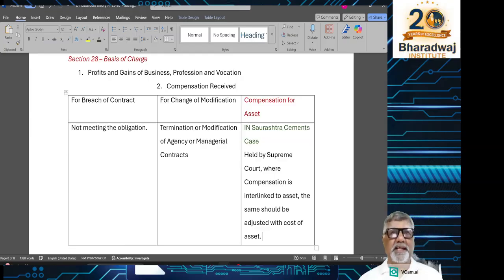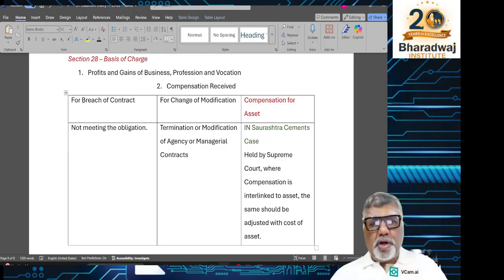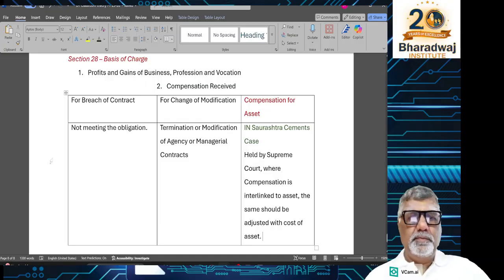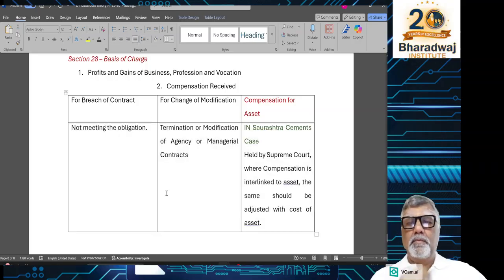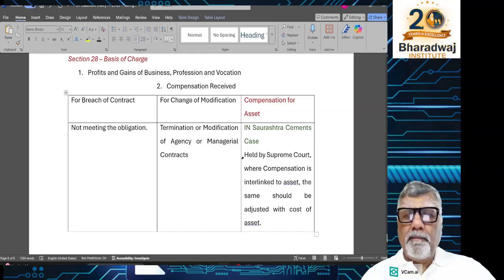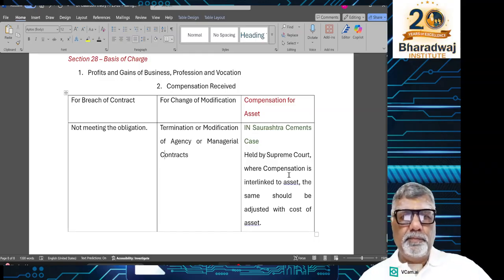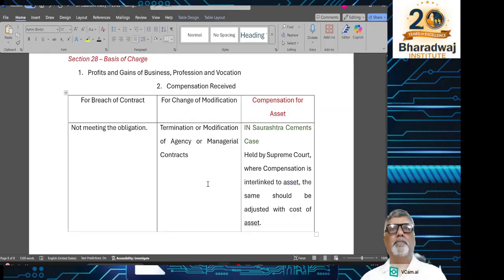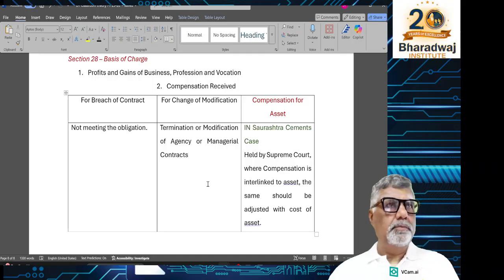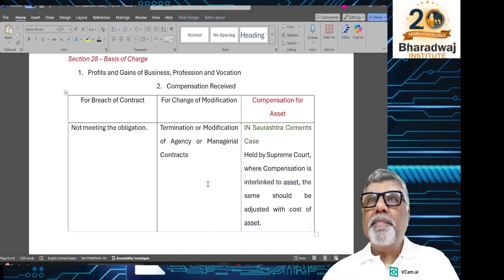It will not be treated as income. It should be adjusted with the cost of the asset. Am I clear?